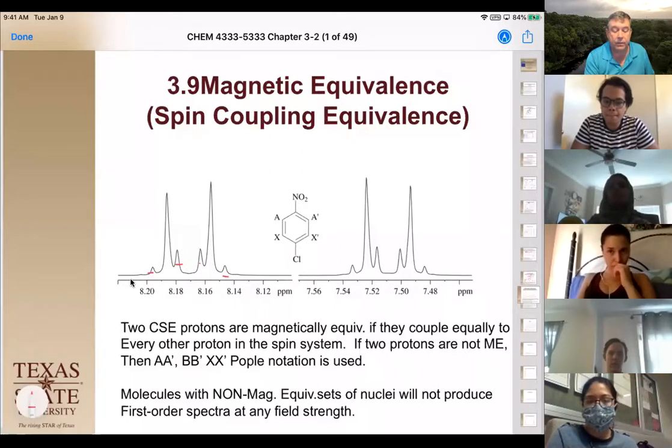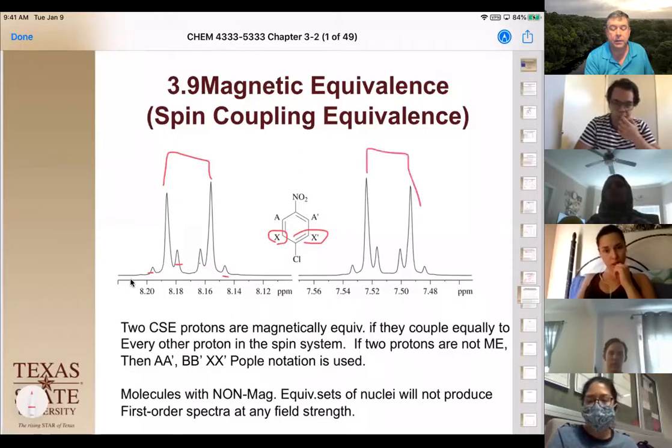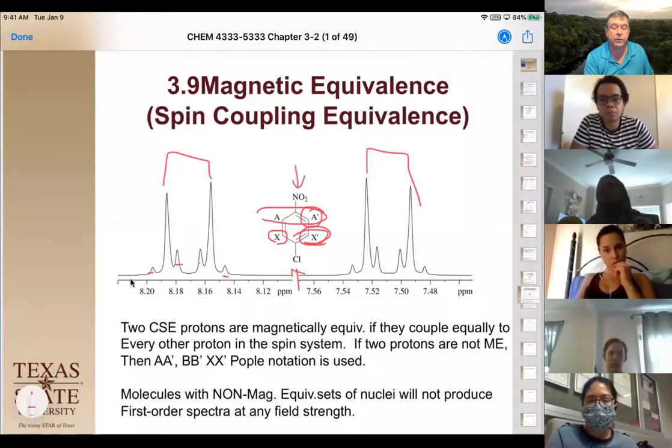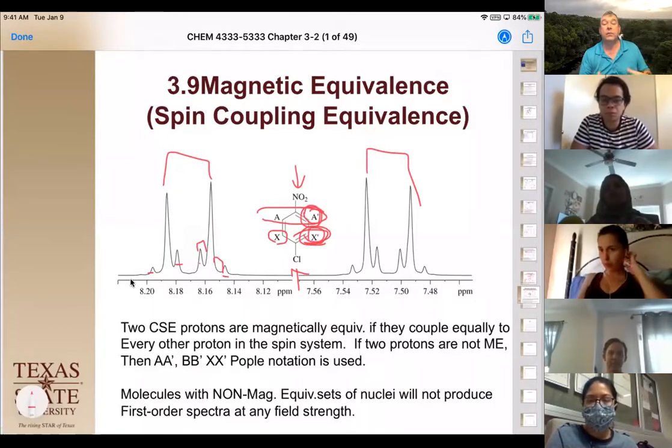So we have these 2 peaks right here giving us our primary coupling constant split. But then the fact that these are magnetically not the same as these, because this is an electron withdrawing group and this is a different group, and we have the magnetic field coming in and out of that plane, we actually have a second set of coupling constants associated with the non-magnetically equivalent system.